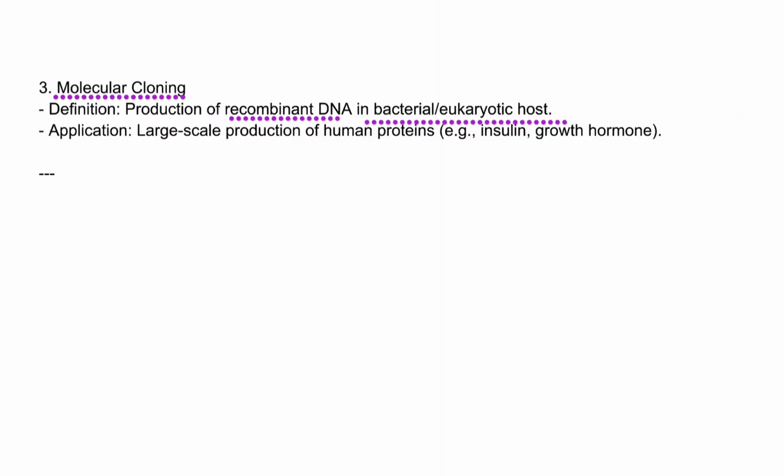Applications of molecular cloning are large-scale production of human proteins. These proteins are very important overall. They are insulin and growth hormone. Insulin, as we all know, is used for treatment of diabetes-related conditions. So these are applications of molecular cloning.